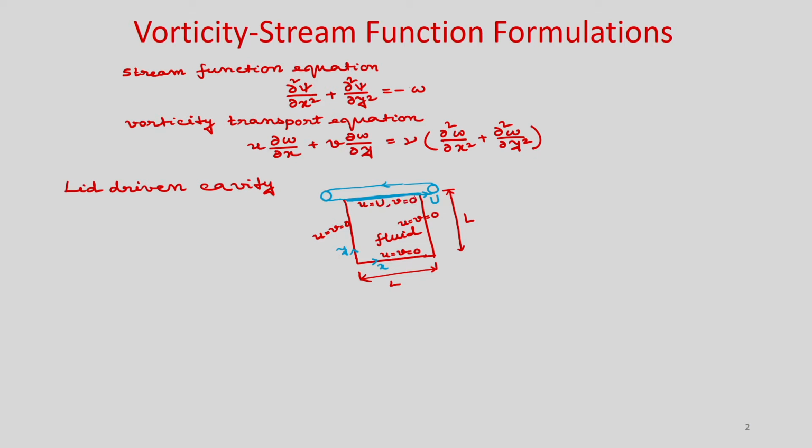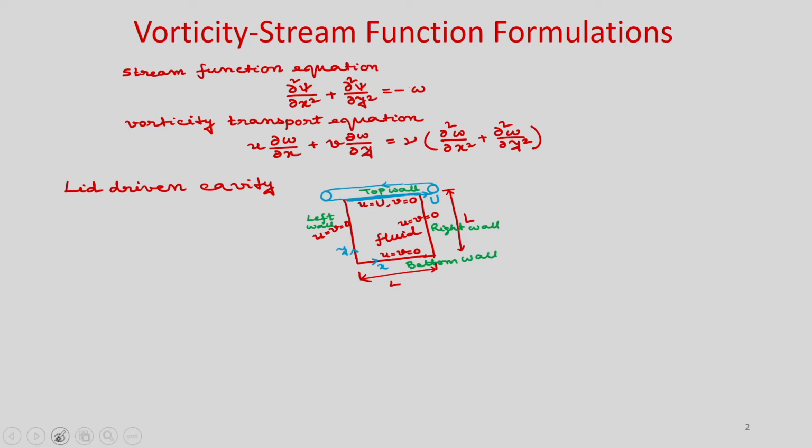So we have applied no slip boundary conditions on all four walls. This is your left wall, this is your right wall, this is your bottom wall, and this is your top wall.